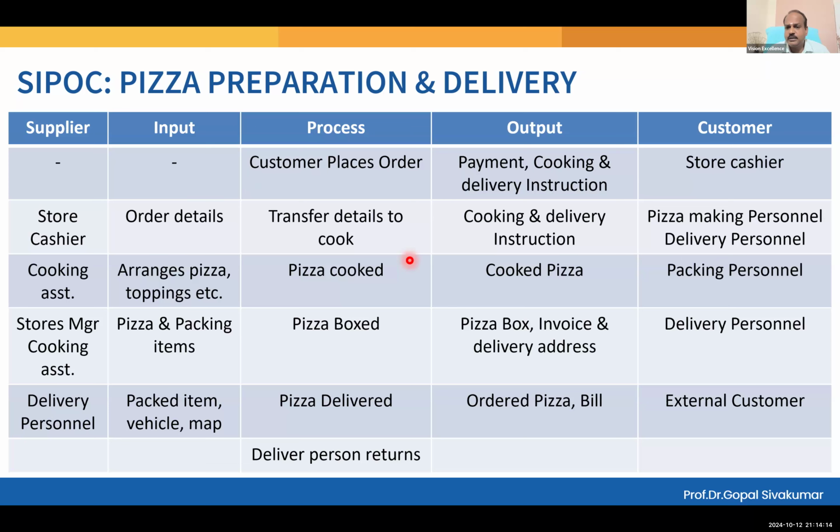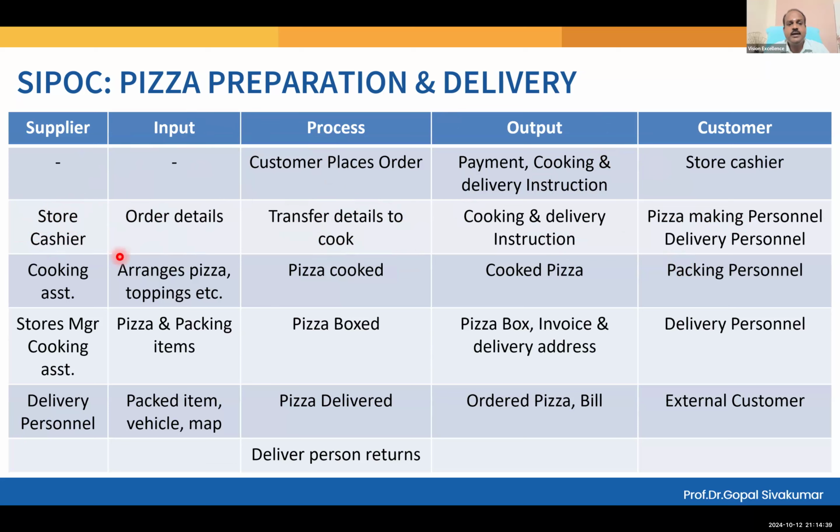Now the pizza making person needs cooking instruction. The delivery boy needs delivery instruction. And the process is we need to transfer the details. Who is now responsible to transfer the details or to provide the input? The store cashier, because he received all this information.